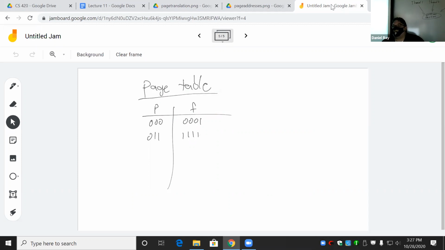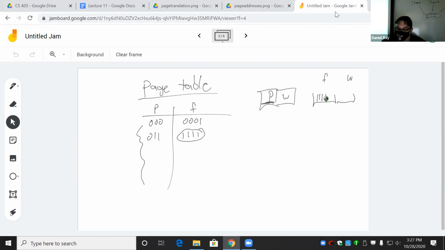So when I need to translate an address in the form of a P part and a W part into an address in the form of an F part and a W part, I look up the P part in the page table. I identify the F that goes with that, and I put that F over here.